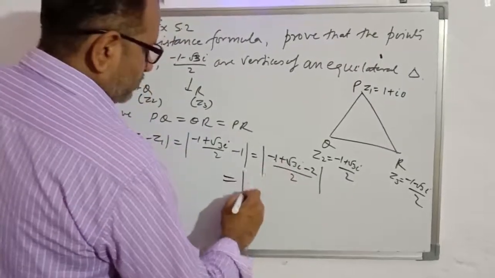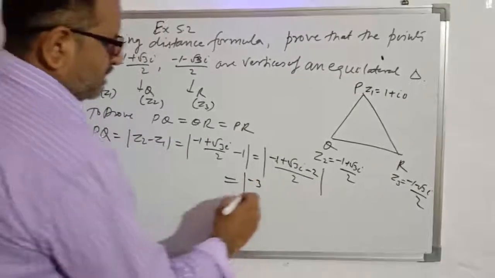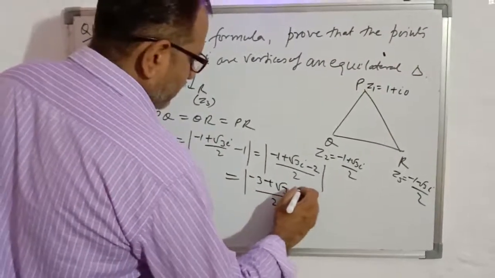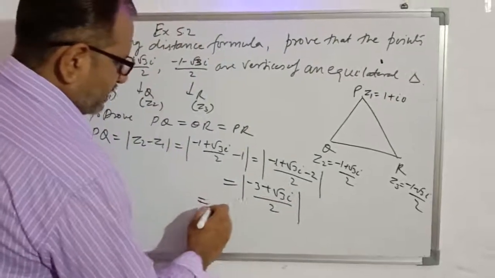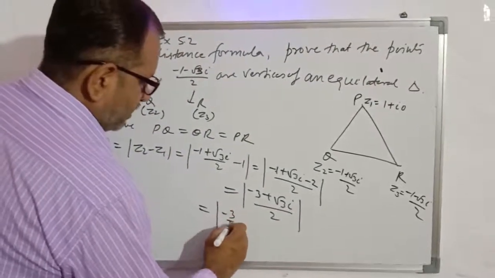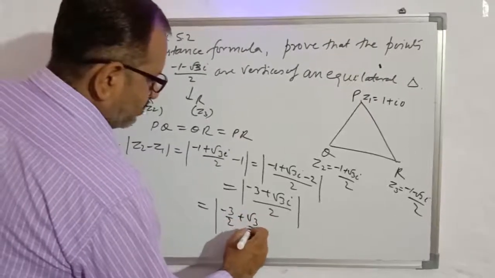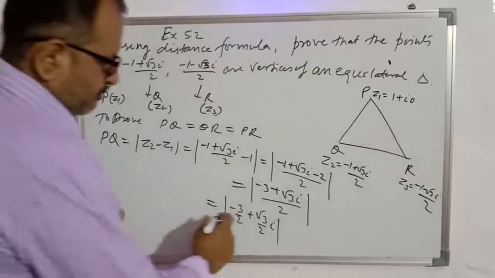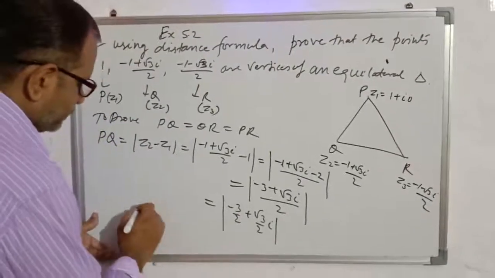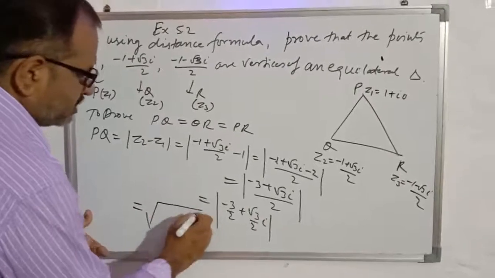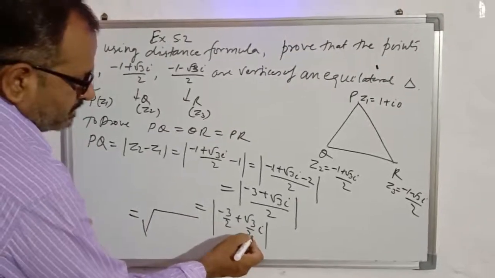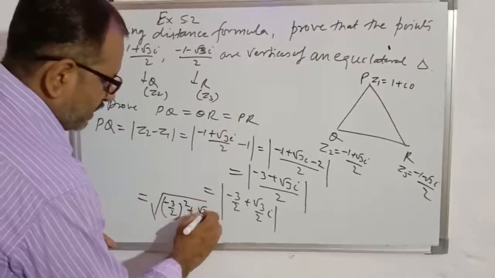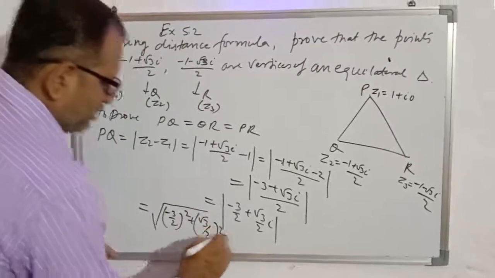Minus 1 minus 2 is minus 3, plus root 3i by 2. We can write it as minus 3 by 2 plus root 3 by 2 i, and find the modulus of this complex number. Under root, real part square plus imaginary part square. So minus 3 by 2 square plus root 3 by 2 square.